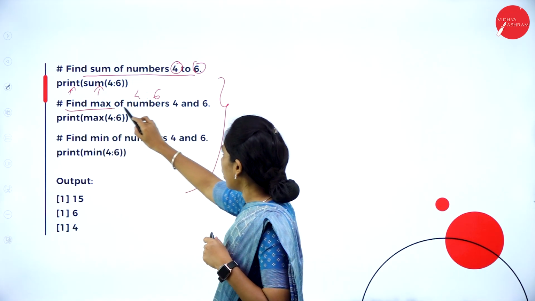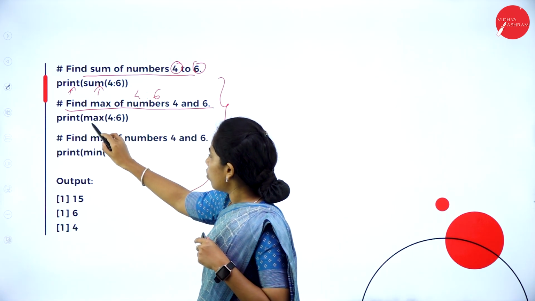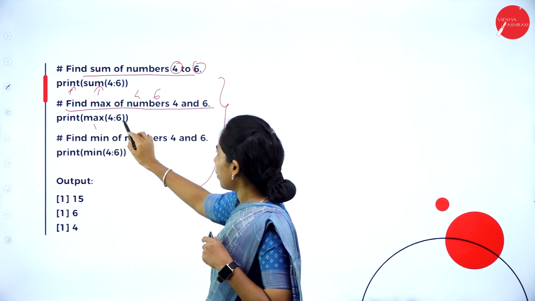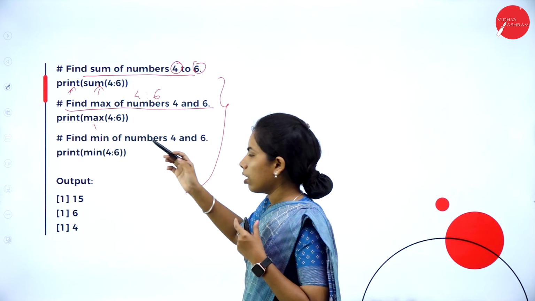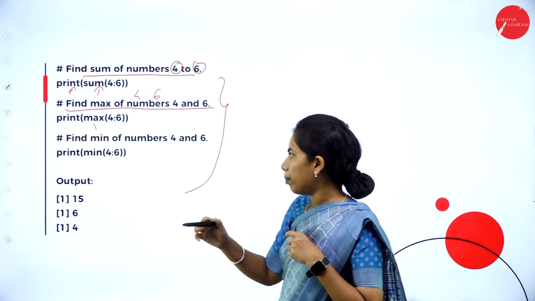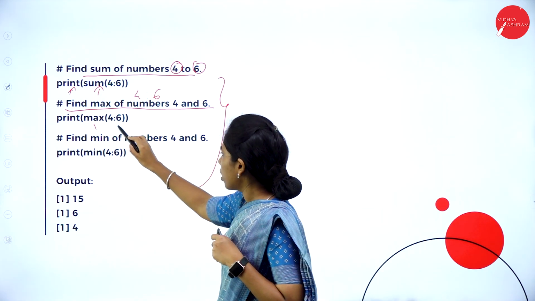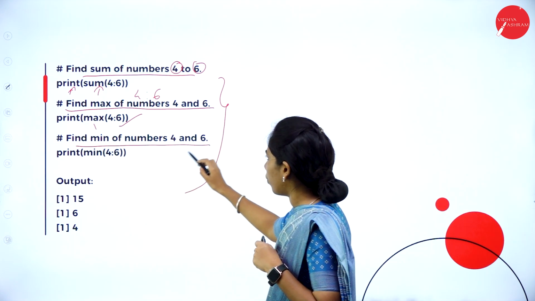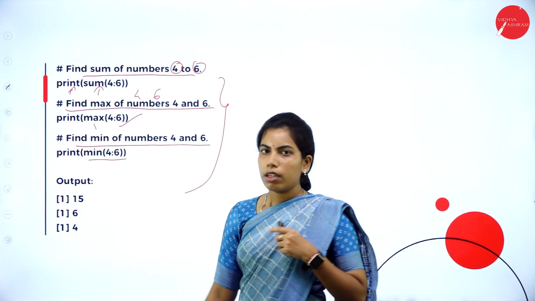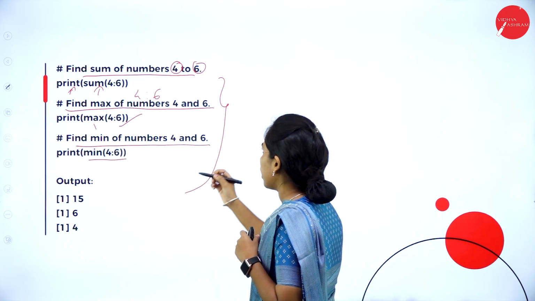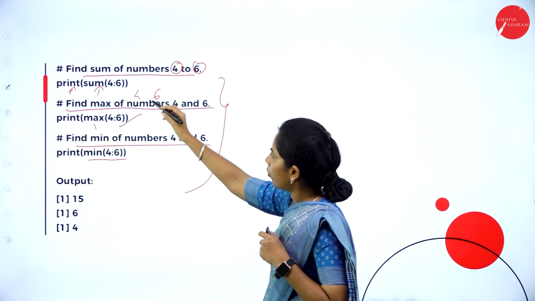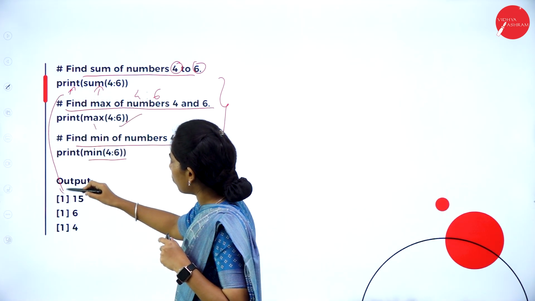And also find the maximum of numbers. When I use max of 4:6, the maximum number will be 6. And also the minimum number, min of 4:6. So here you can see how it is generated. For the first case, you got the output 15. Why?